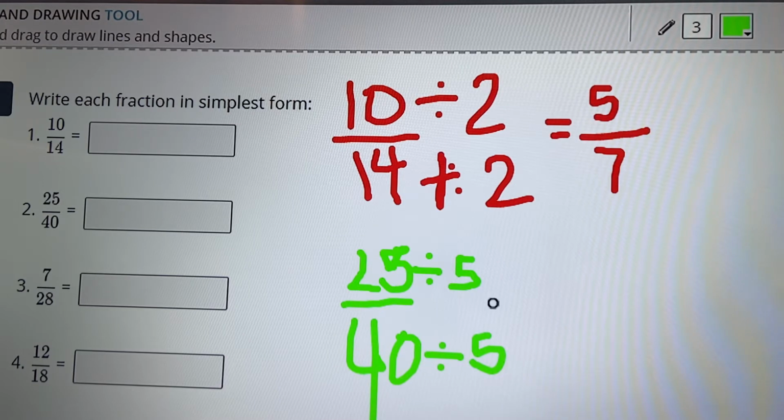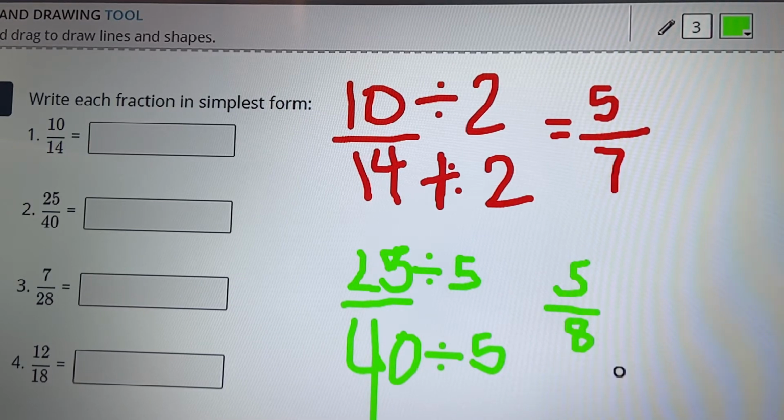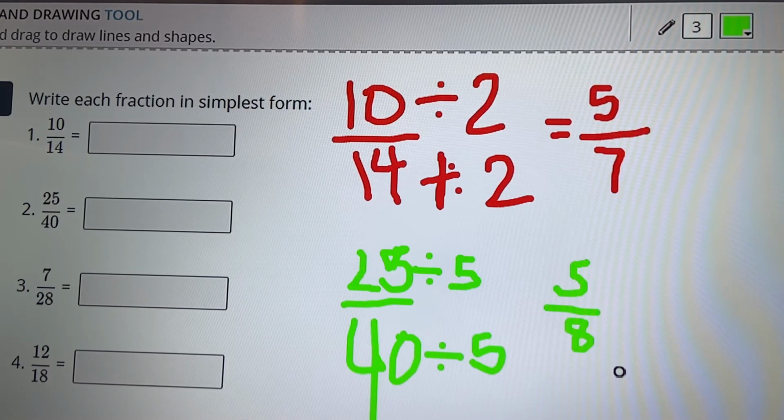All right, 25 divided by 5 is 5. 40 divided by 5 is 8. So I've got 5/8. And I want to look at that and see, is there anything more I can simplify there? Will 5 and 8 divide by any other common factor? And it will not. So that is the end of that.